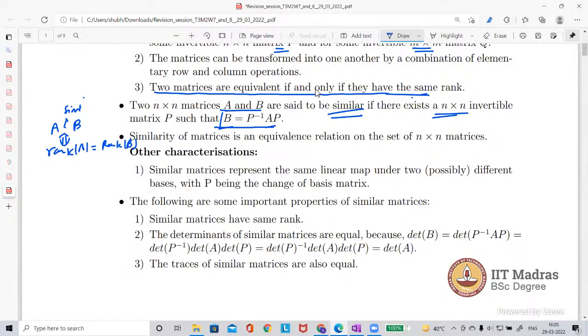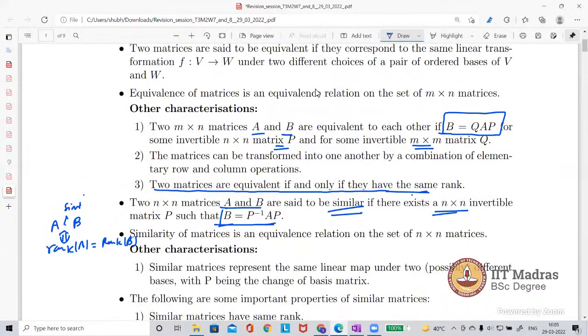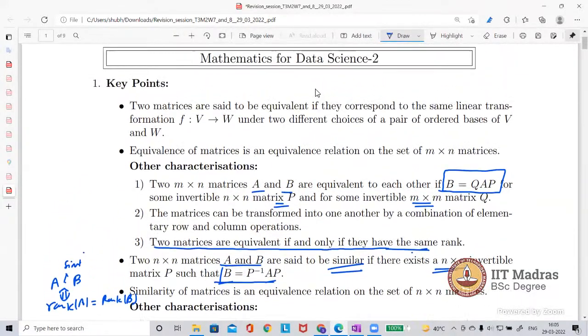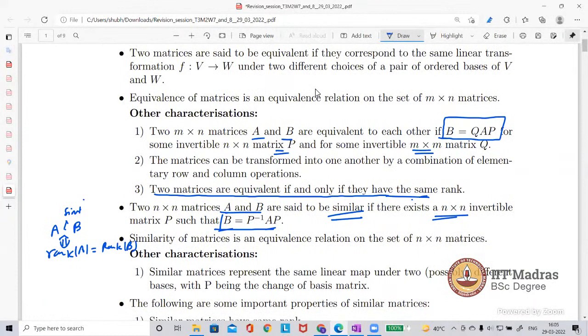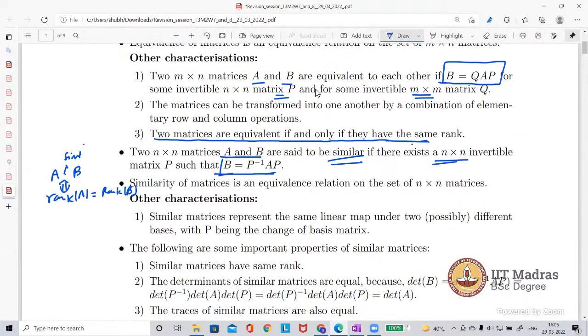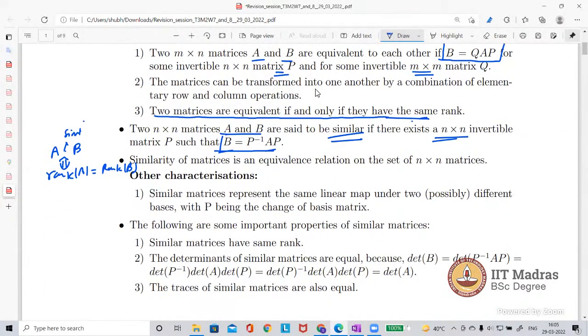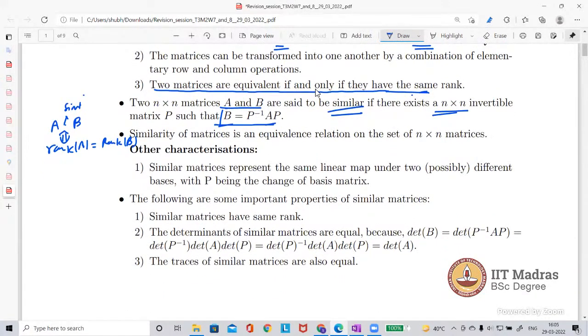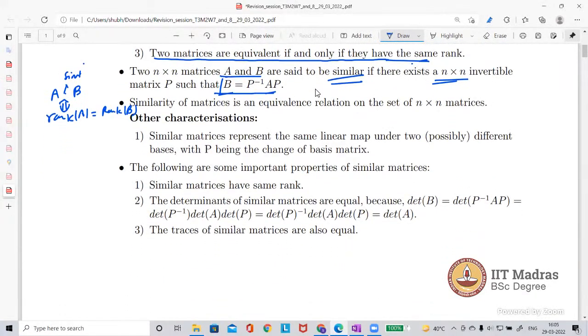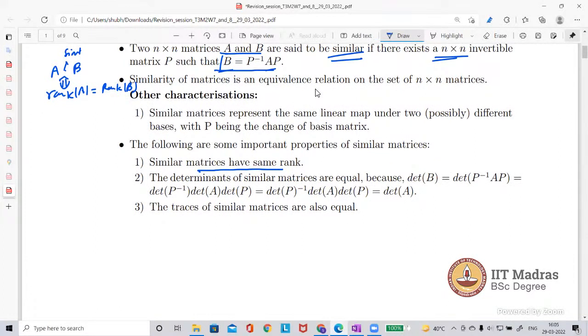But this is not the case in equivalence. In the equivalence case, if two matrices have the same rank, then they are equivalent, but not in similarity. The next is that both have the same determinant. So similar matrices have the same rank, and the determinants of both matrices should be equal.